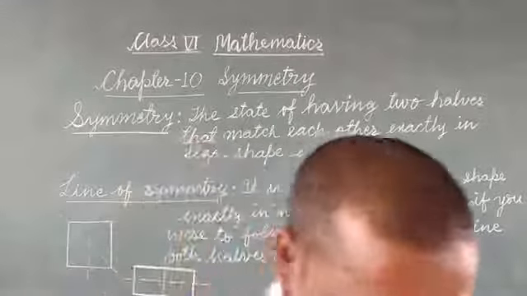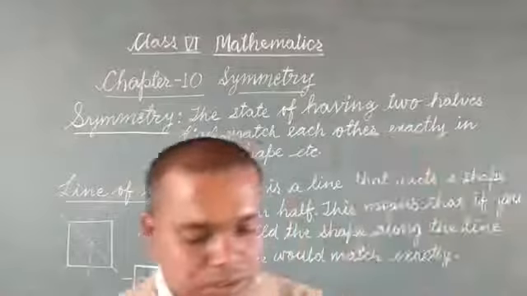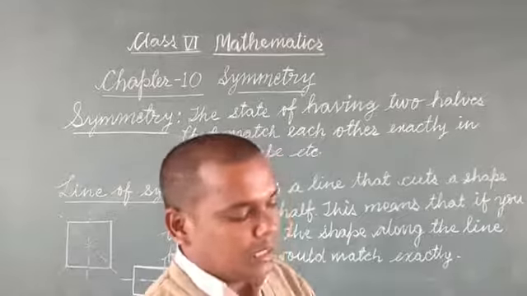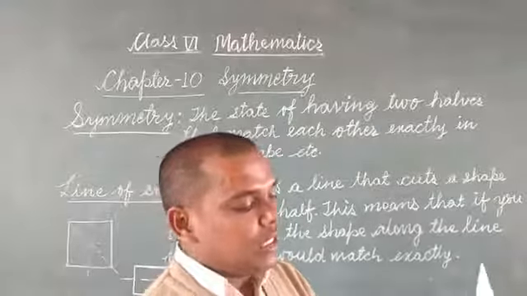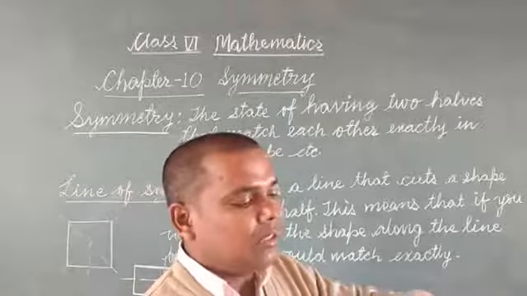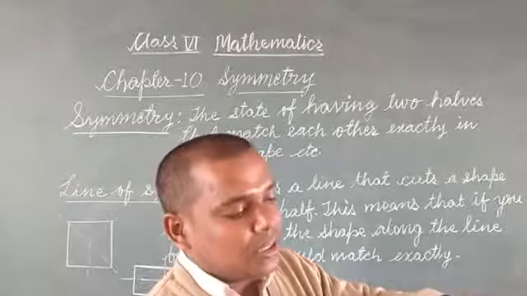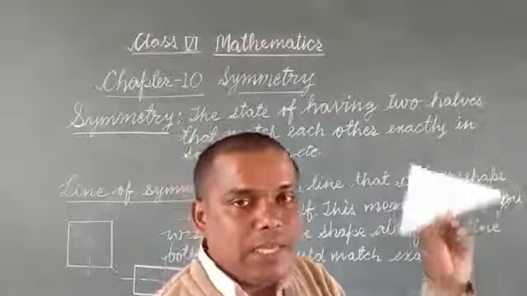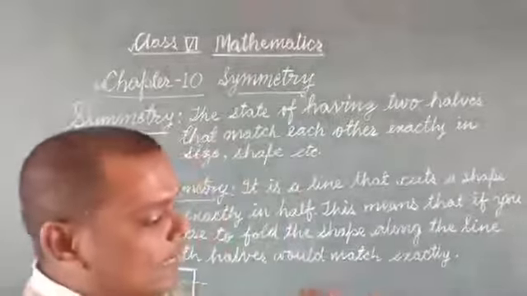Now, suppose it is an isosceles triangle, because this side and this side will be equal. So in case of an isosceles triangle, this line will be the line of symmetry here.